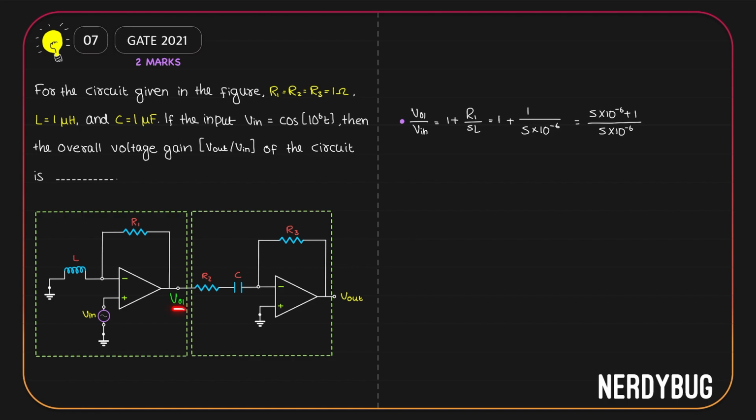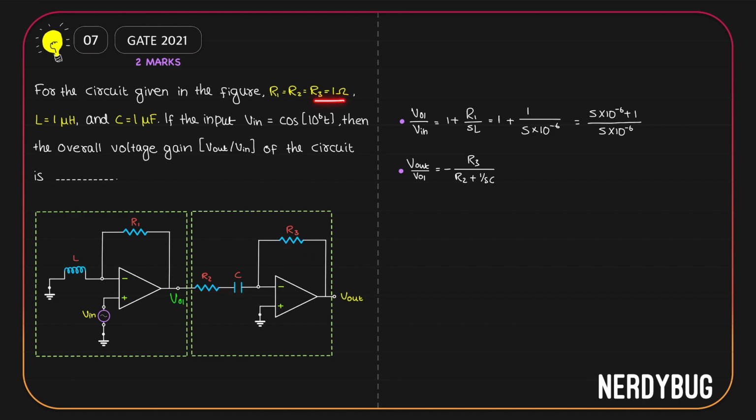Let's go to the second part of the circuit. Input is VO1, output is V out. This is an inverting amplifier. Z2 is just R3. Z1 is R2 plus 1 by SC. So we can write V out by VO1 is equal to negative of R3 divided by R2 plus 1 by SC. It is negative Z2 by Z1.